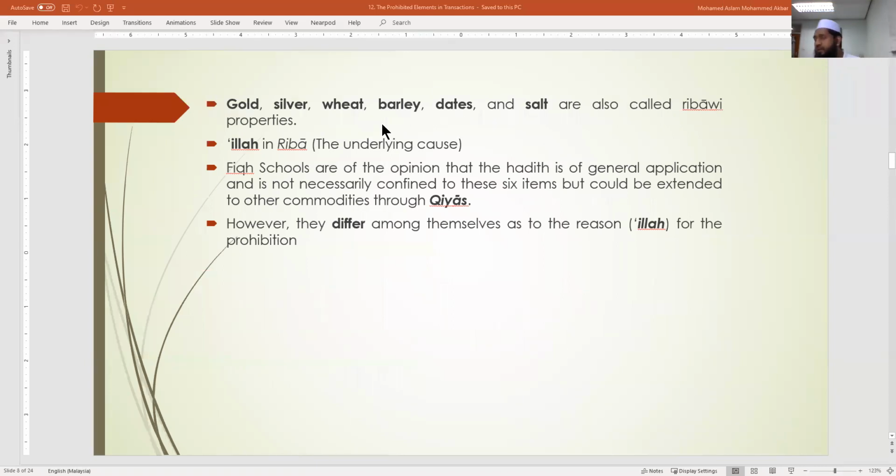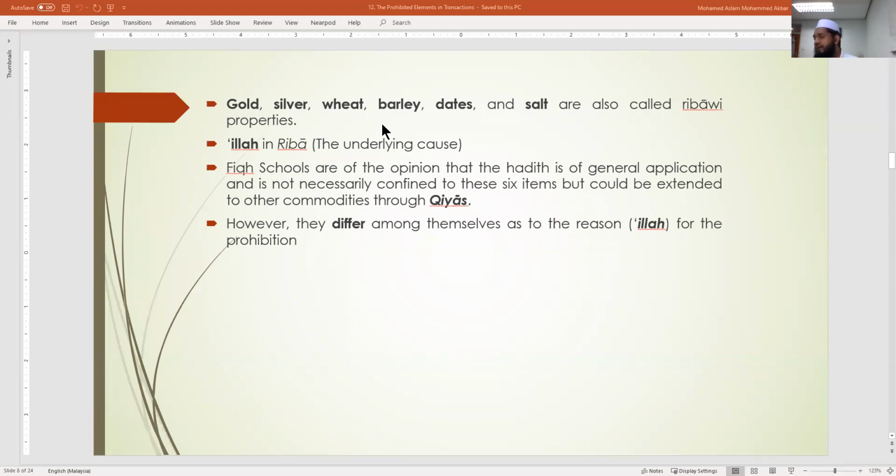You can see that all these six items are things you can keep permanently. Even dates: they are ratab, meaning very young, then become fruit, and after that they become dry.